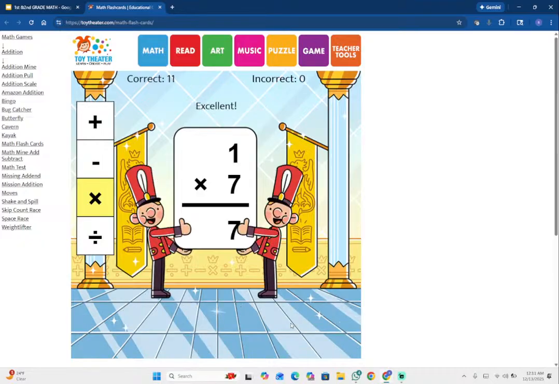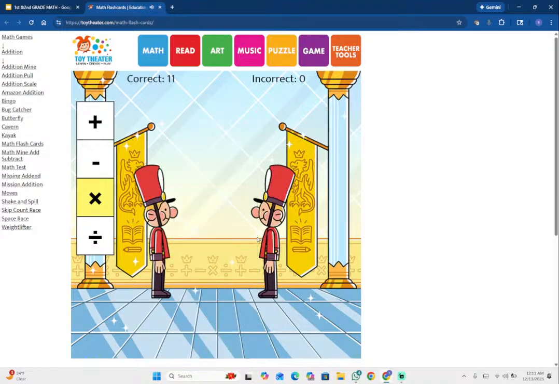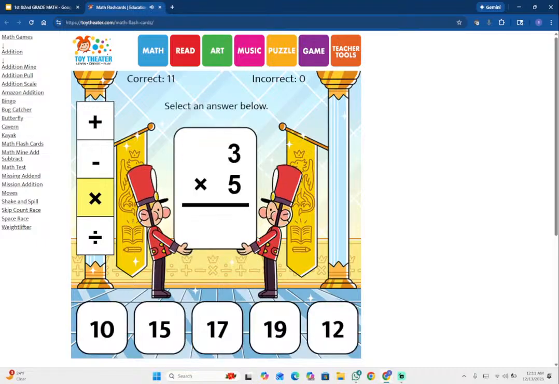This one's very easy. I don't think I have to go through the explanation too much.